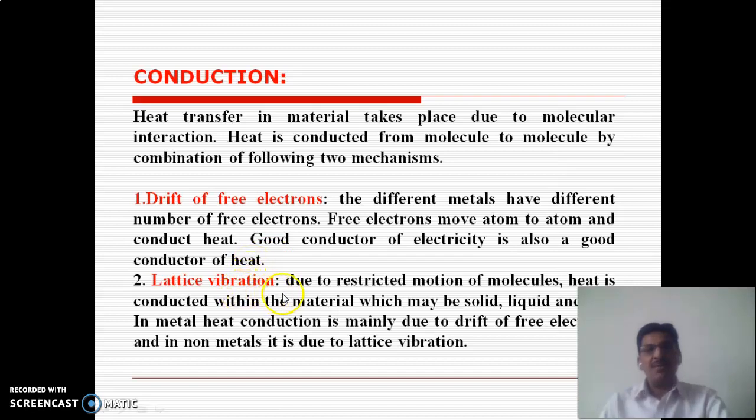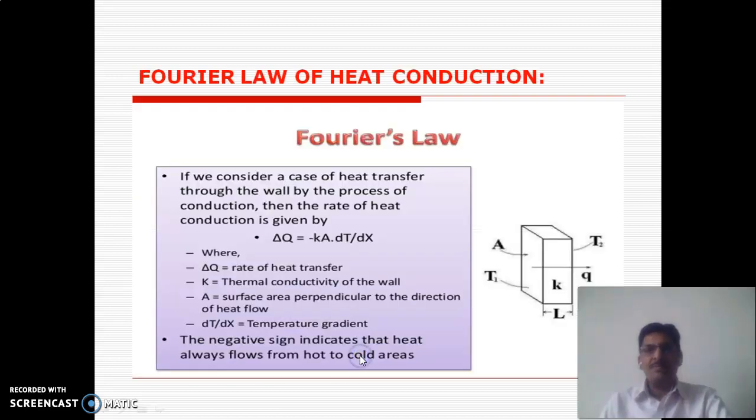In lattice vibration, due to restricted motion of molecules, heat is conducted within the material, which may be solid, liquid or gas. In metal, heat conduction is mainly due to drift of free electrons, and in non-metal it is due to lattice vibration.